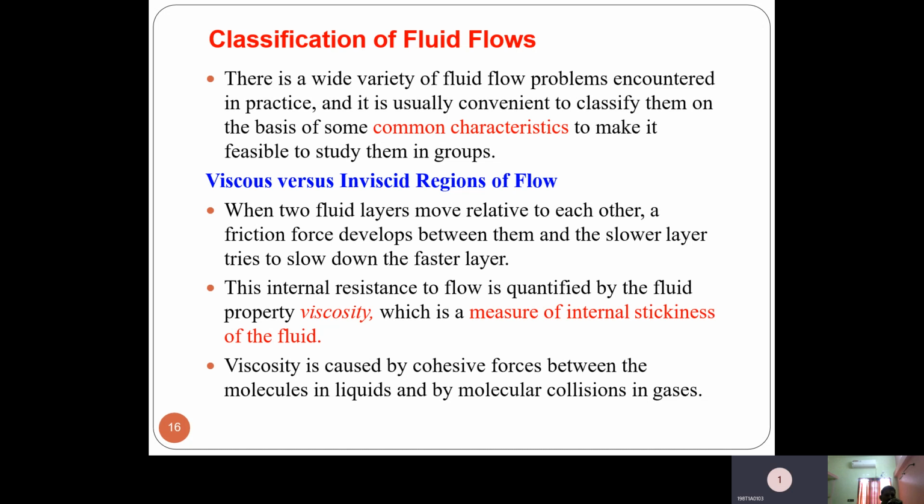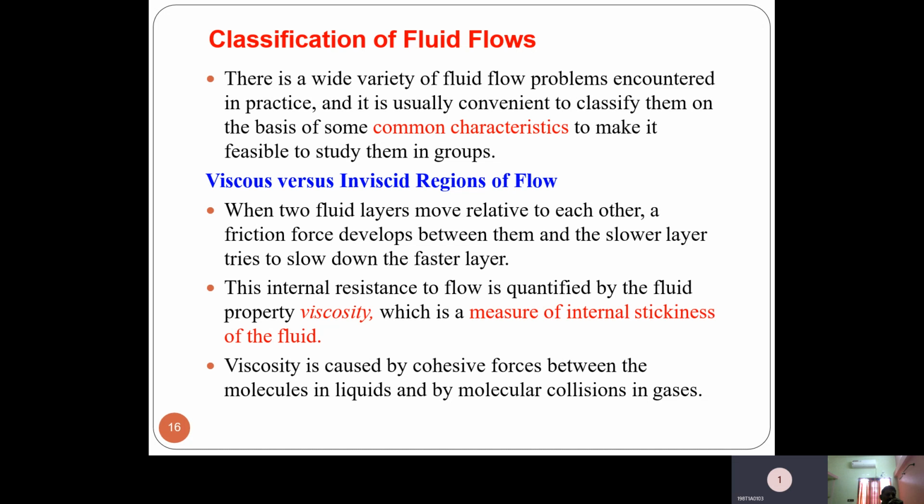For example, if a fluid film is classified into four layers, numbering the layers from bottom to top, the first layer is nearest to the surface and in contact with that surface. The second layer lies over the first layer, the third layer over the second layer, and the fourth layer over the third layer, like that.